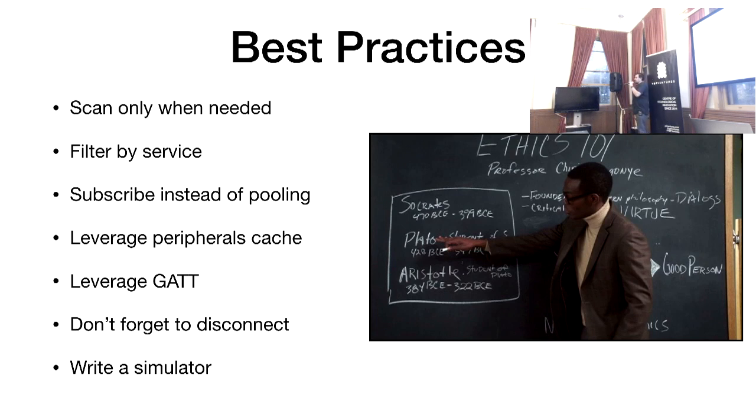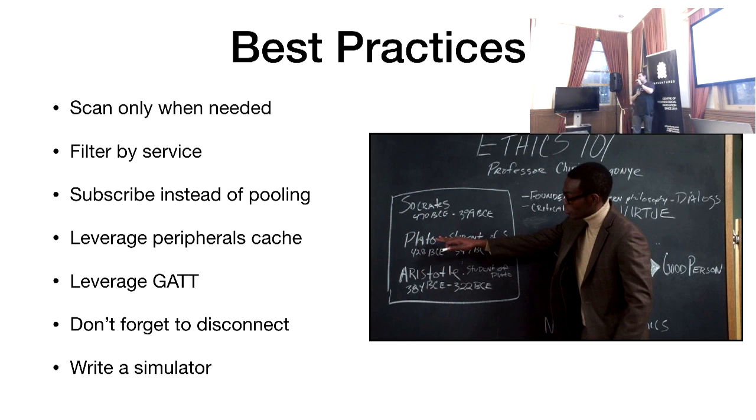Leverage all that GATT provides you, using services, advertising stuff as services and characteristics. If you're using a predefined standard, it's always a great idea to go and read the GATT database and find what you're interested in. If you're defining your own services and characteristics, you can always generate your own UUIDs for those services and characteristics.